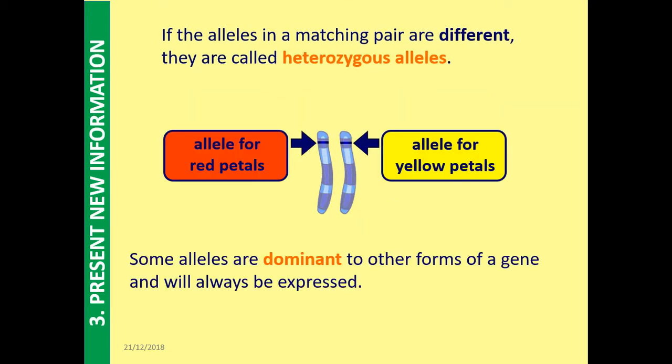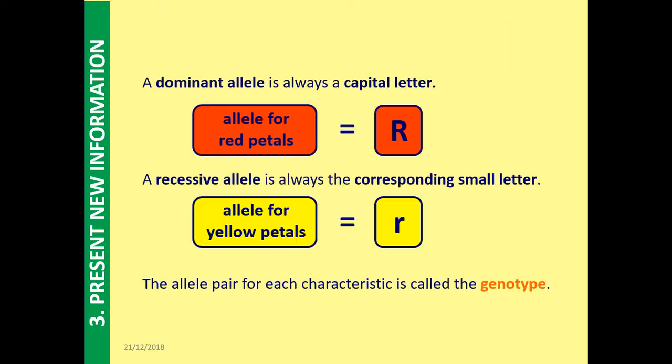Here we have one of each. So we've got one red petal allele and one yellow petal allele, and that pairing is referred to as heterozygous, one of each. As I said already, some alleles are dominant over others, and in this case the red is dominant over the yellow. So if this pair of alleles was present, then the petals on the flower would be red because red dominates over yellow.